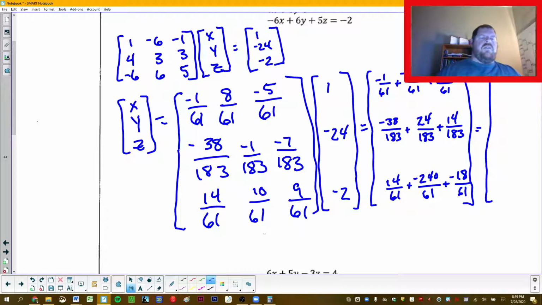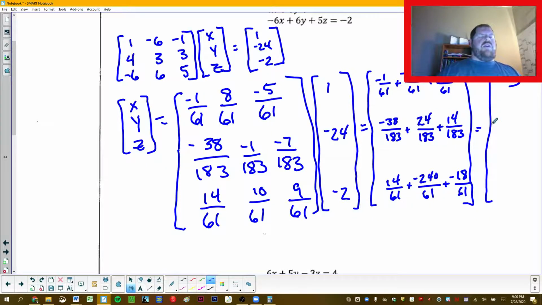I don't know why I'm continuing it to be this big, but whatever. So we have negative 183 over 61. That's going to be a negative 3. Negative 38 plus 24. I actually looked at it this way. 24 plus 14 is 38.